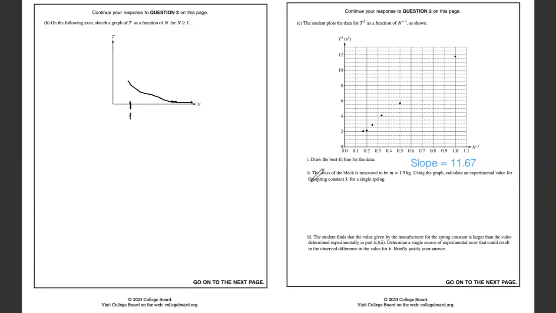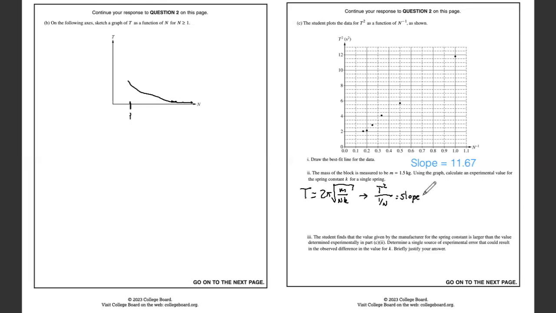All right, second part, right? The mass of the block is measured to be 1.5 and calculate k. So I can say that T is equal to 2π root m over nk, just like I had from the first part. I'm using that expression to help me solve for k. Well, the graph is plotting T squared versus 1 over n, so T squared divided by 1 over n should give me the slope.